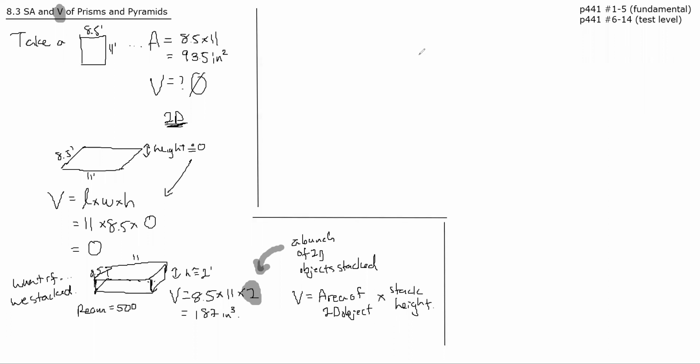I'm going to use the same idea of this ream of paper for cylinders. Let's pretend, just to prove a point, that instead of a cylinder you had some kind of disc or a super flat piece of paper that you cut as a circle, and you stacked one on top of another, all the way until it actually created a certain height.